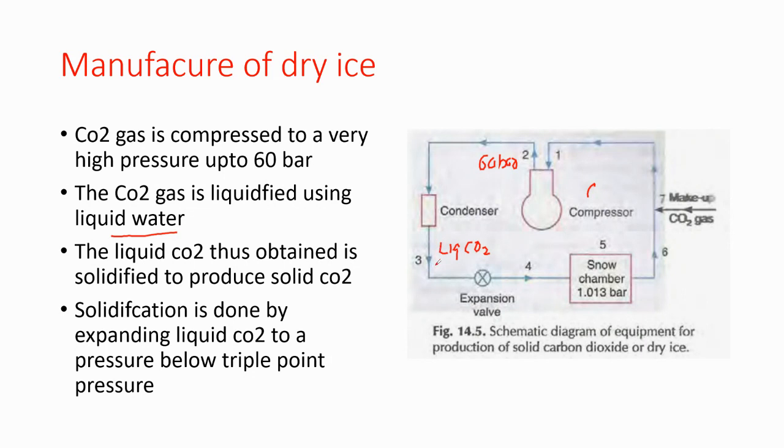After liquefaction, it is passed through an expansion valve, and it is converted to solid CO2. After passing through the expansion valve, it comes to point 4, and then we get solid CO2. This is a schematic diagram of the equipment. We mainly have components like a compressor, a condenser, and an expansion valve.